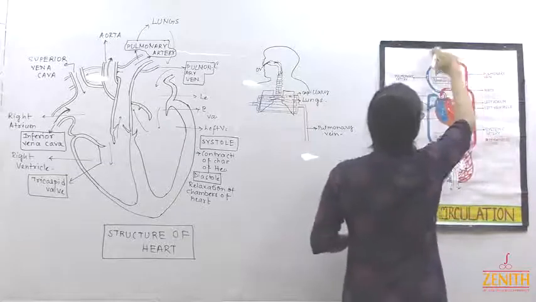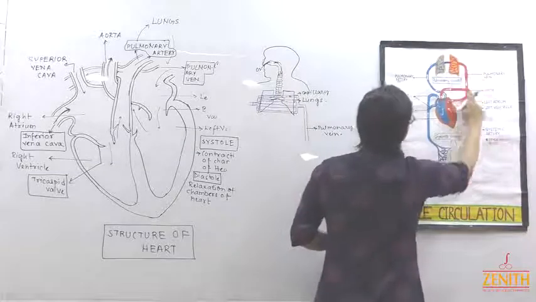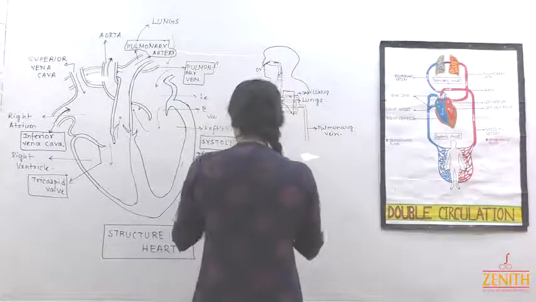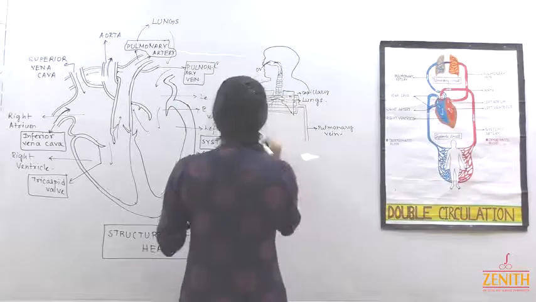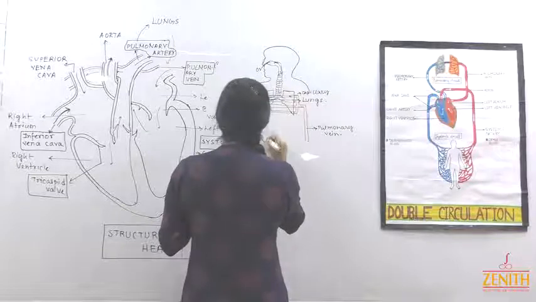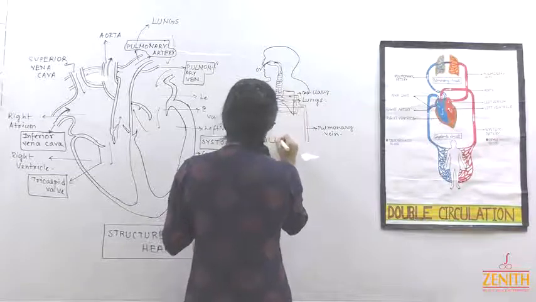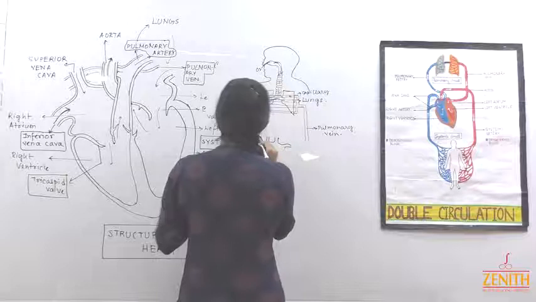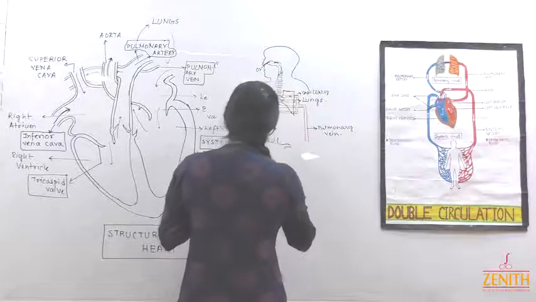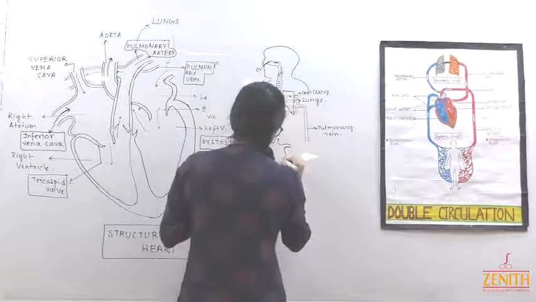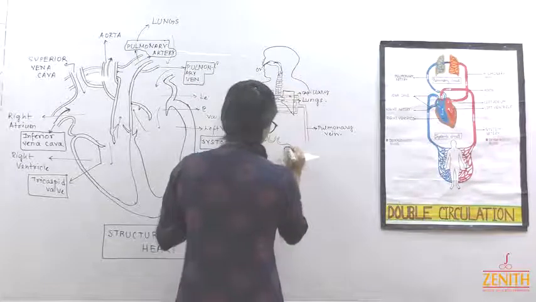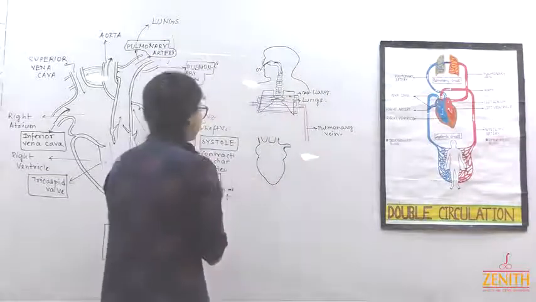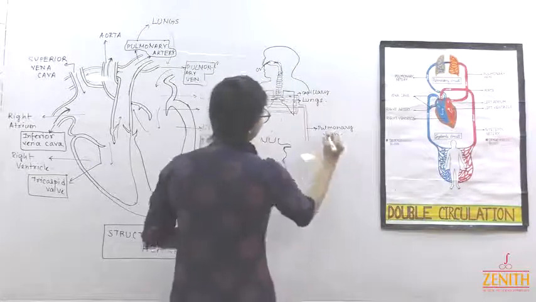So the oxygen enters inside the lungs, and from the pulmonary vein it enters into the heart. So we can draw a heart here. A very rough diagram of the heart I am just drawing.